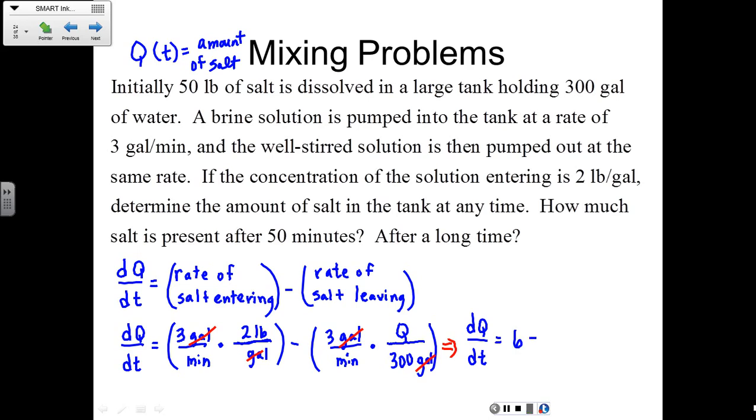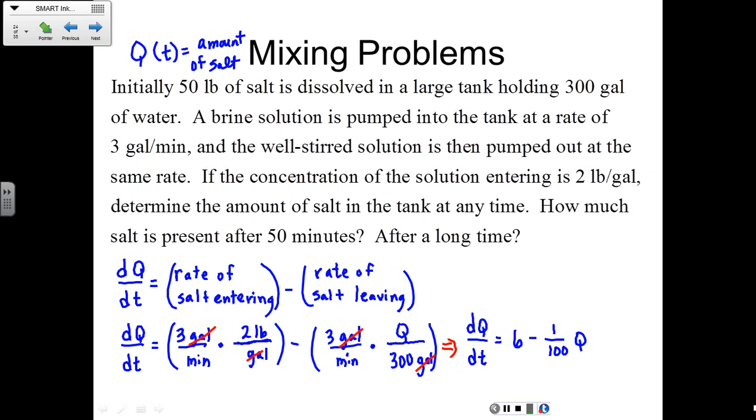How's that going to reduce? dQ over dt equals 6 minus 1 over 100 Q. Is that a linear equation? Could that be represented as a first order linear equation? I need to move stuff around, don't I? What do I need to move? How do I need to fix it? Other side. So let's go ahead and do that.